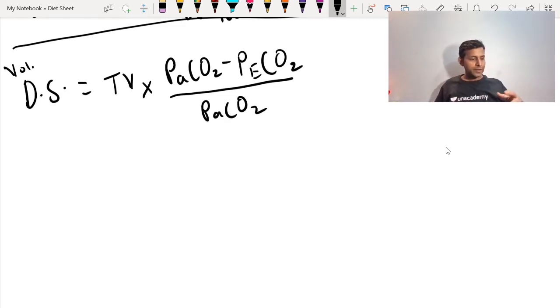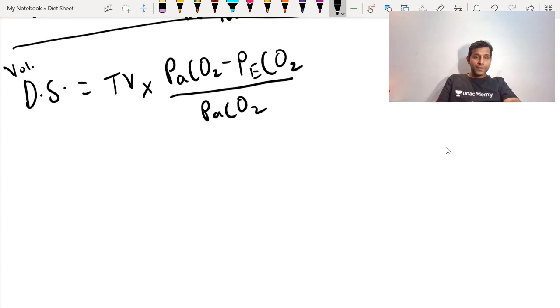Now, what is the basis of this formula? Our main target is to understand the basis of this formula, so that it helps us understand its application in cases of anesthesia given by the route of the lungs.